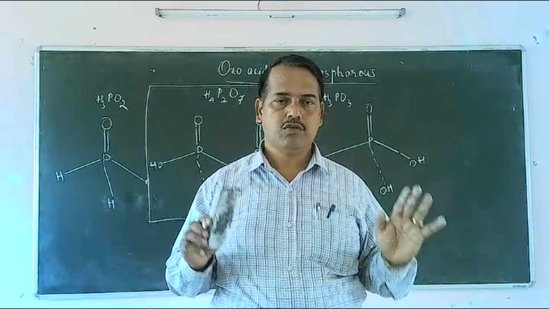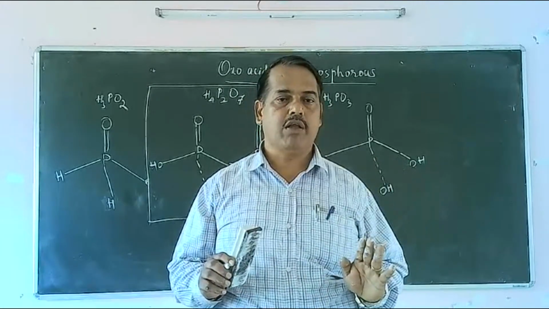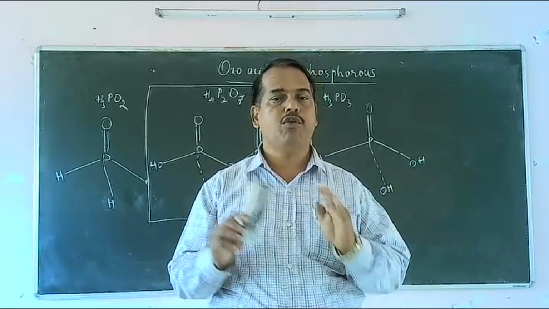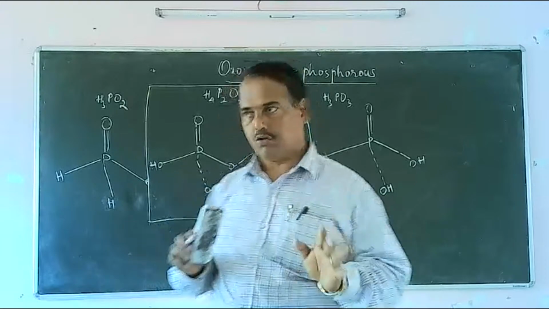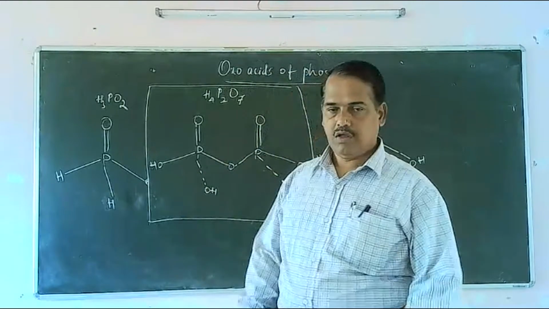Are you clear? So you must know the structure as well as how many P-OH bonds and how many P-H bonds there are. Okay. So these are the oxoacids of phosphorus.